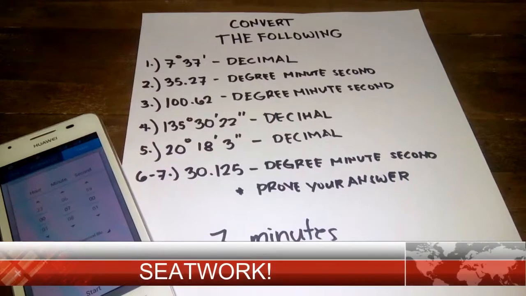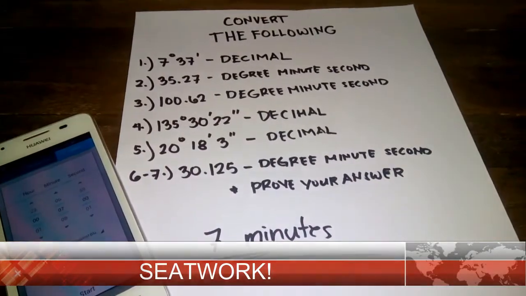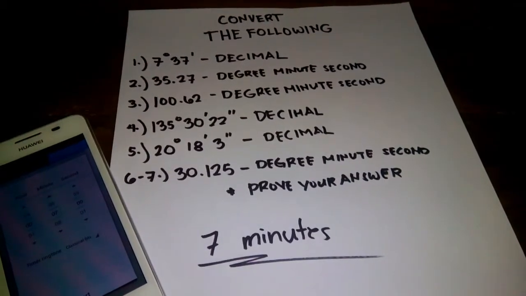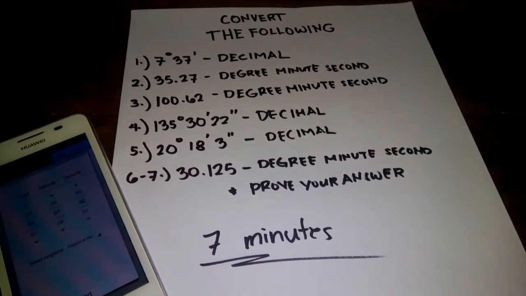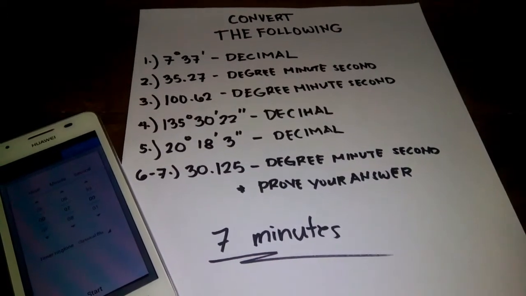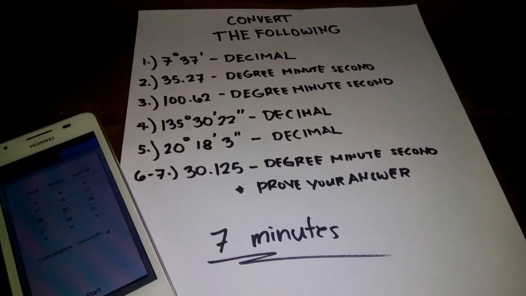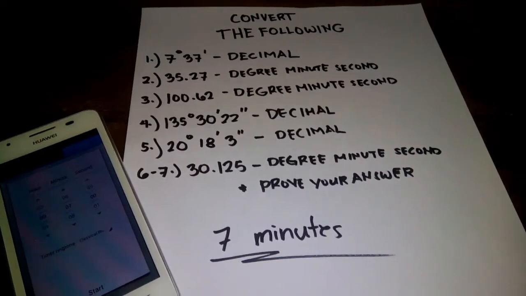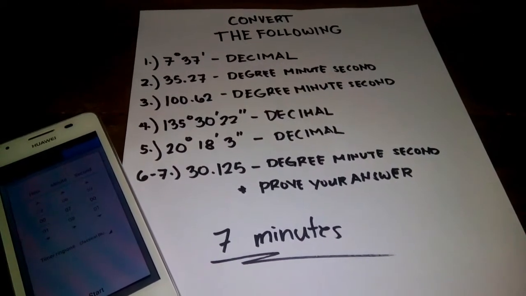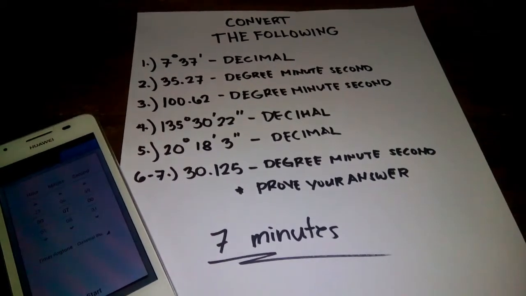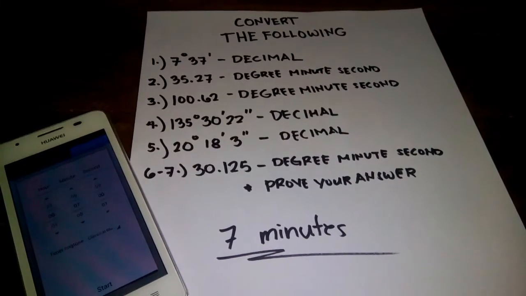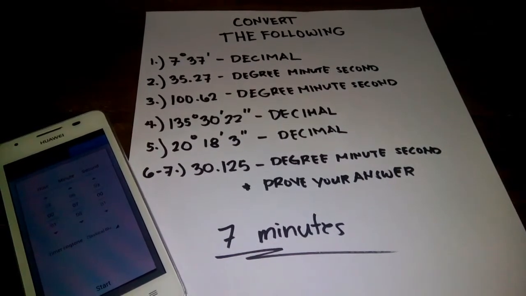Okay guys, so now let's have a seat work. You'll need to convert the following givens to decimal or degree, minutes, and seconds. Number 1, convert 7 degrees, 37 minutes to decimal. Number 2, convert 35 and 25 hundredths to degree, minutes, seconds. Number 3, convert 162 hundredths to degree, minutes, seconds.